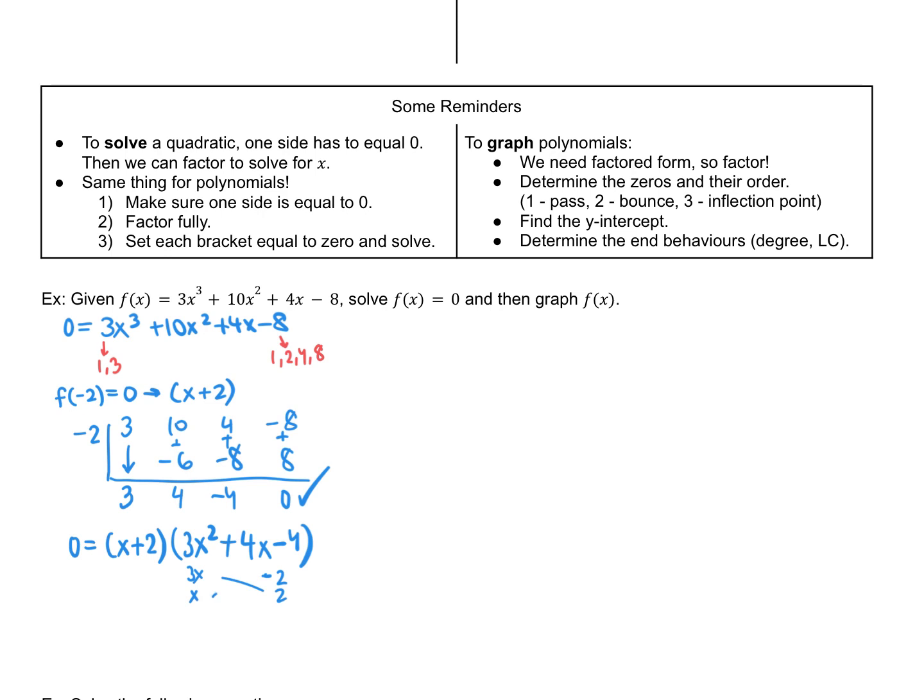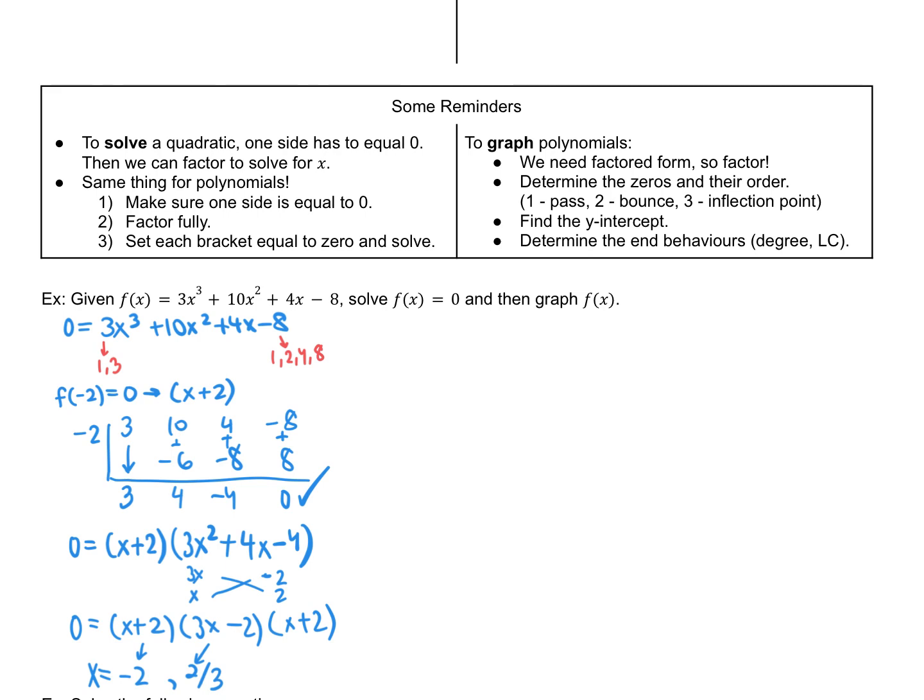That way we have 6x and -2x. So we have 0 equals x plus 2, 3x minus 2, and x plus 2 again. So our solutions are x equals -2 and x equals 2/3. And I'm not going to write the -2 from the third bracket because we already have it.